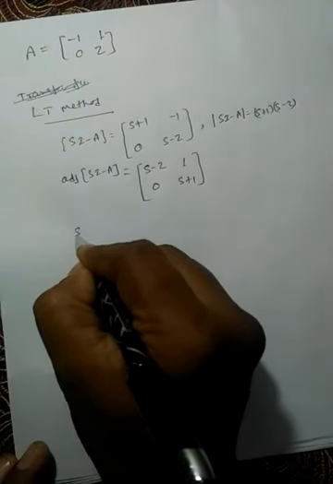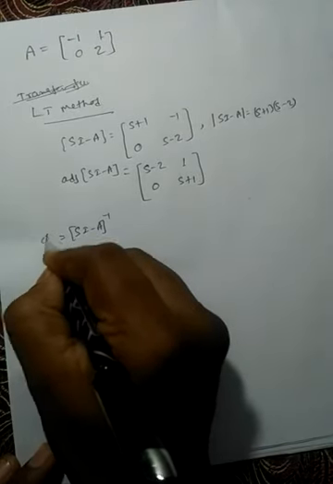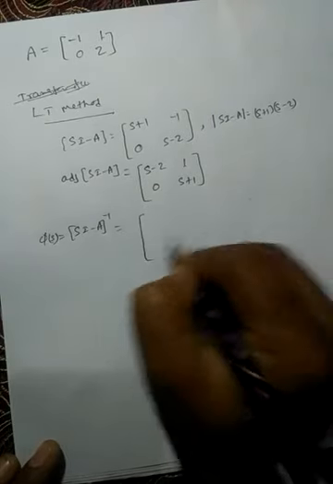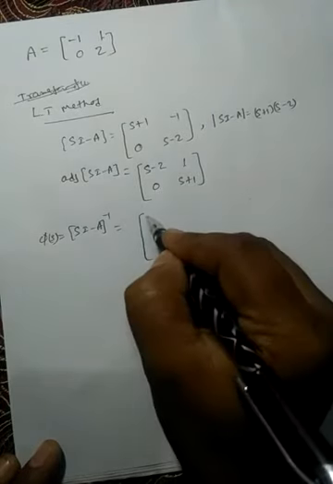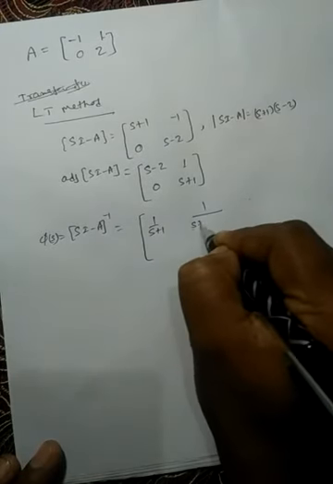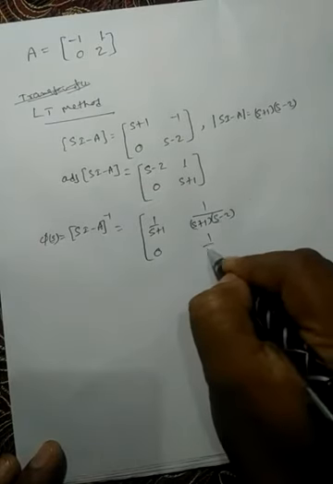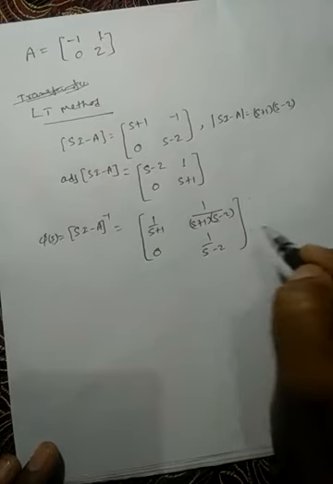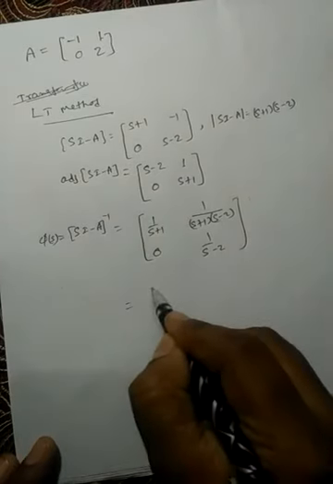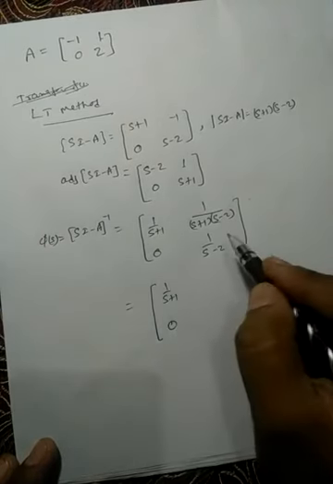So (sI minus A) inverse, or phi(s), the resolvent matrix, will be (s-2) divided by this term: [1/(s+1), 1/((s+1)(s-2)); 0, 1/(s-2)].